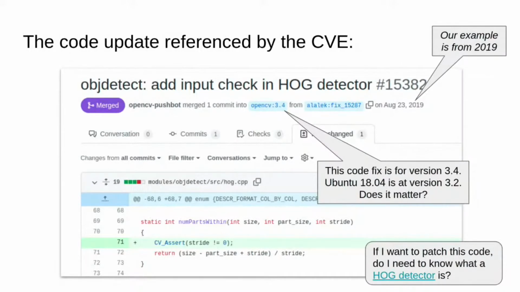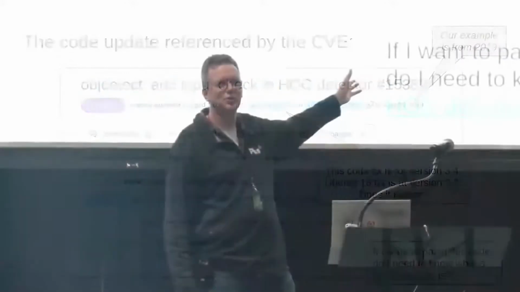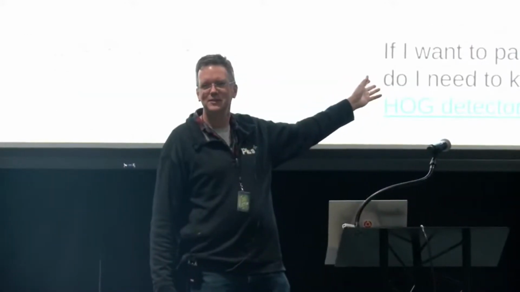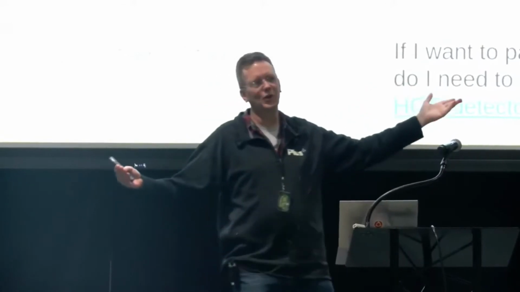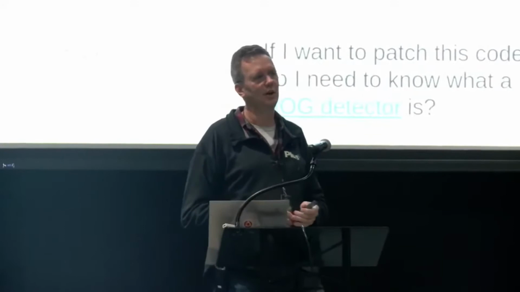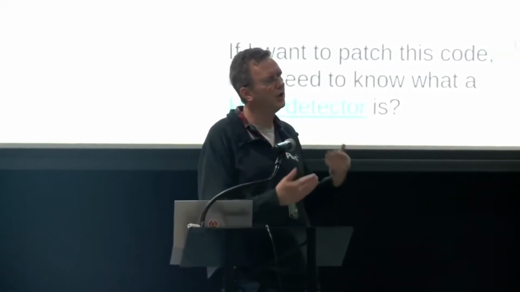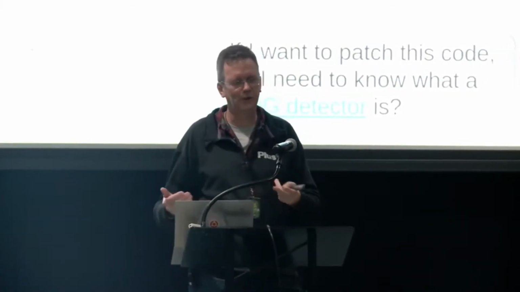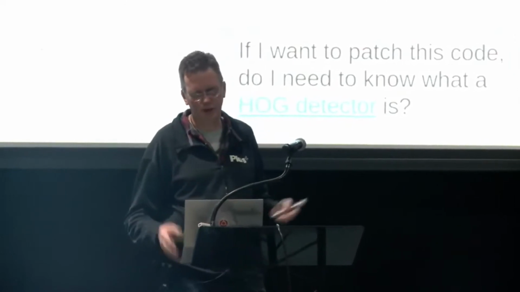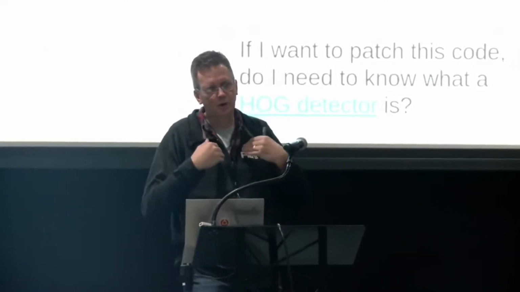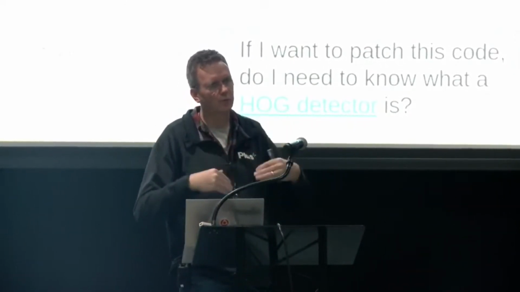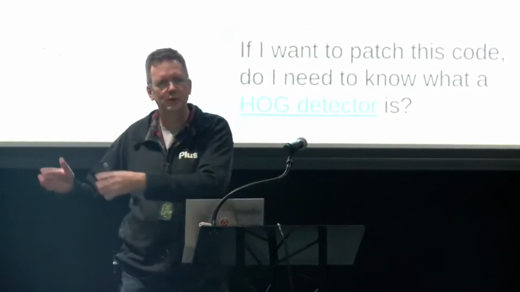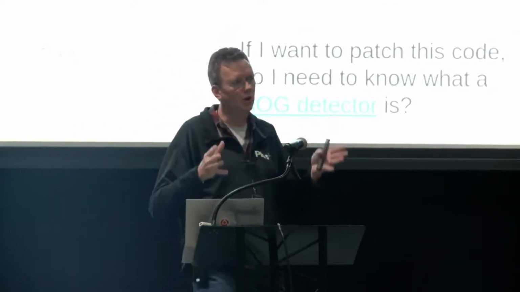And let me ask you an interesting side question. Anybody here know what a HOG detector is? Yeah, so if you're working this, do you have to figure out what that is? You have to understand the software. How much do you have to figure out about the software in order to bring this patch in? I'm working for Canonical, working for Ubuntu, not for OpenCV, so I don't have all the context of what all this software does.